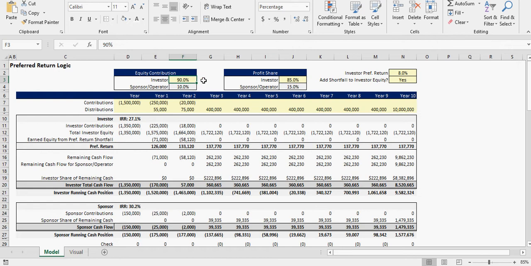But if after the preferred return the investor is willing to give up a little bit, then that might adjust. I just put in two inputs for that instead of basing it on equity only, because I know some deals have that change. So this is going to be the cash flow that's split between the investor and sponsor after the preferred return.